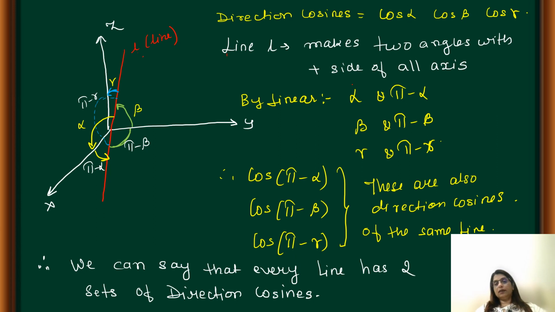Are you guys understanding? Okay, let us put it up again. What are the direction cosines of a line? They are cos alpha, cos beta, and cos gamma.